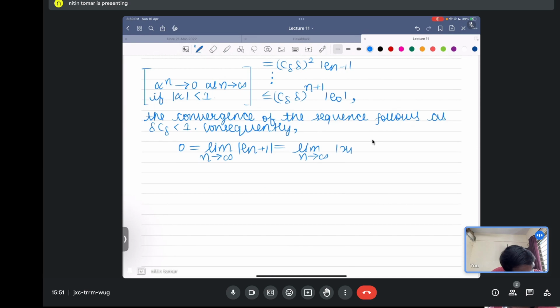This was actually |x_{n+1} - r|, right? So this implies the limit as n goes to infinity of x_{n+1} is r, or we can say x_n goes to r. And this was the last thing to be proved in this convergence theorem.